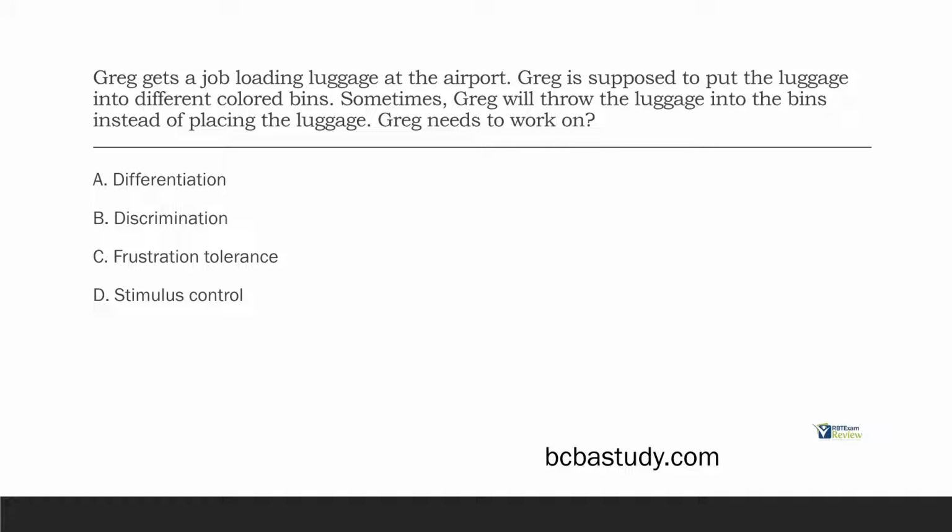Greg doesn't need to work on stimulus control. Maybe his boss or his supervisor needs to work on stimulus control, because right now Greg's throwing the luggage is under stimulus control of the bins. They need to change that to where when Greg sees the bins and the luggage, he's placing the luggage, not throwing it. So Greg ultimately needs to work on differentiation.